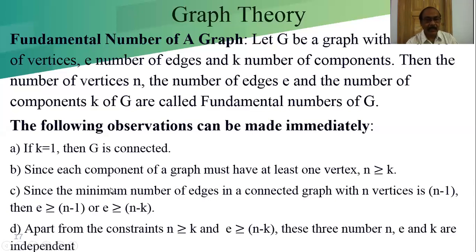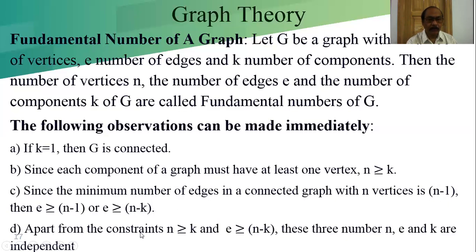But when considering the k components, we learn that in later classes, the next class or the one after. e is greater than or equal to n minus k with the help of this theorem.